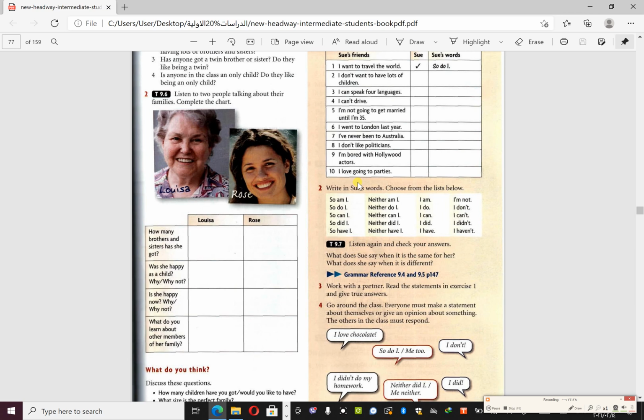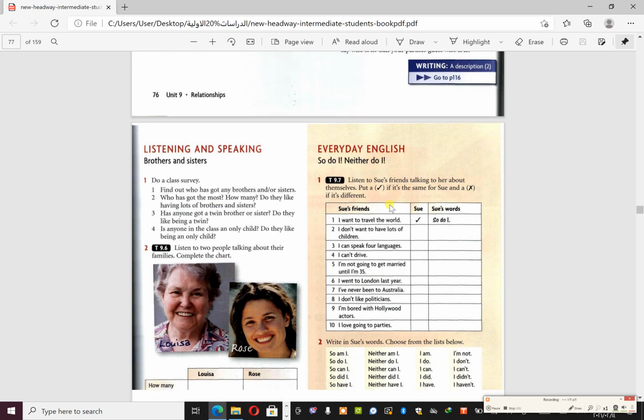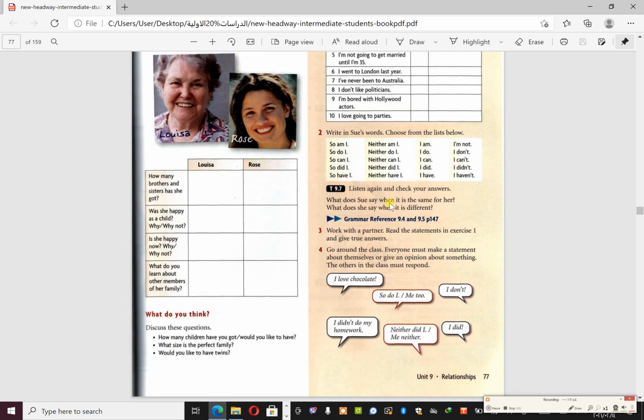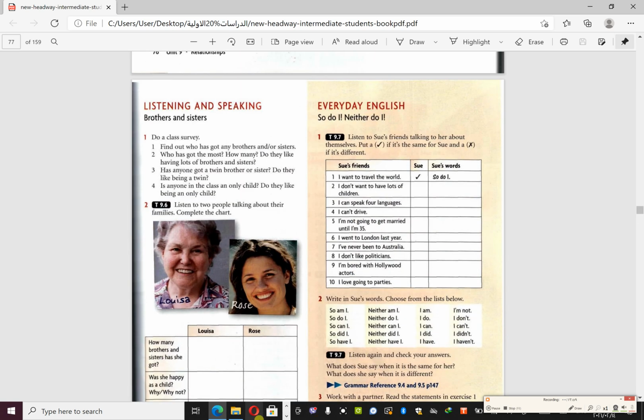So can I, okay, or we say neither can I. Did, the same thing, and here for present perfect it is the same thing. So this is basically neither do I or so do I. It is used just to show how you agree with your partner in conversation, but this is the most common way to use in speaking English, as it is real use in life.